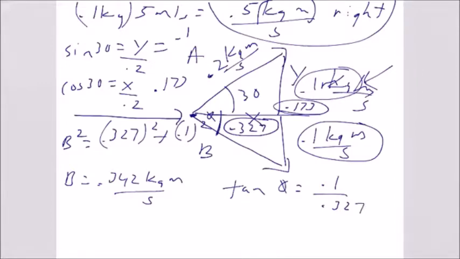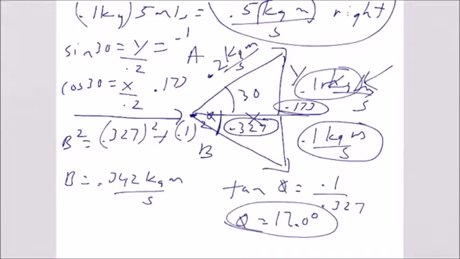So go 0.1 divided by 0.327, take the inverse tangent, and get 17.0. So our final momentum of puck B is 0.342 kilogram meters per second at 17 degrees to the right of the original direction of puck A.